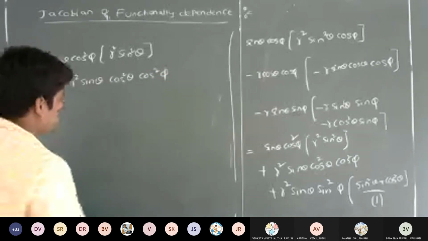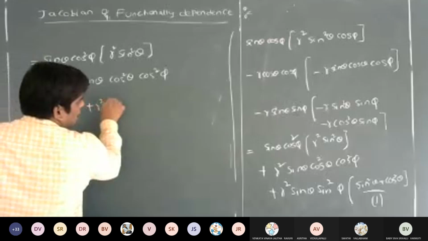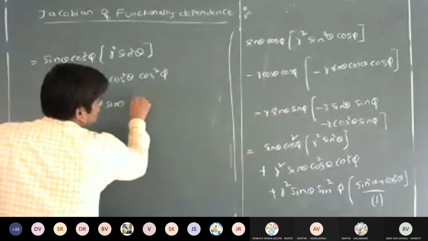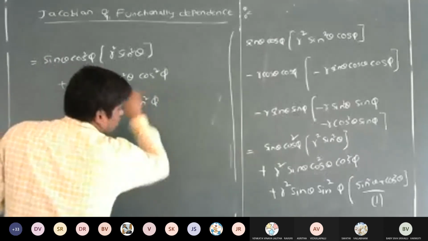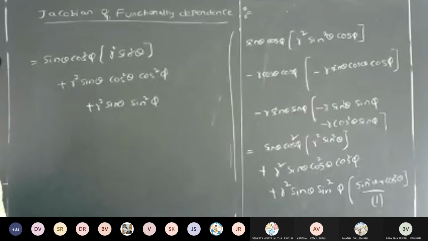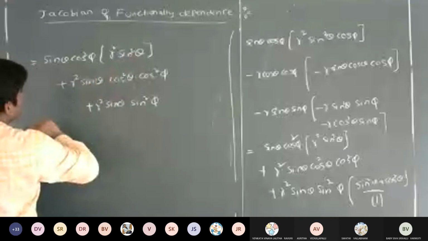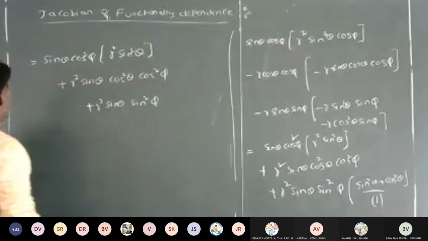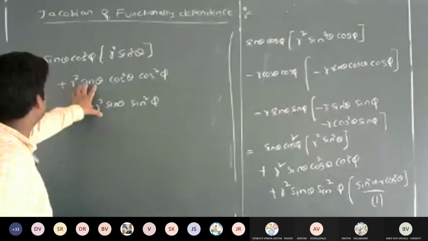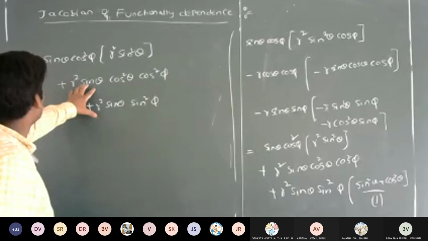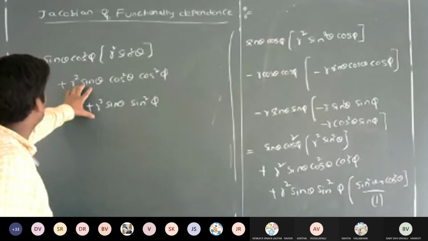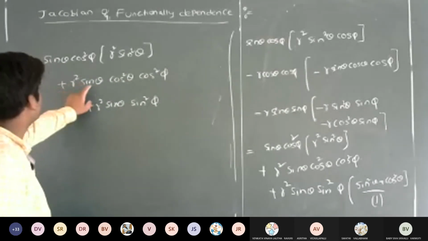Next, the next one is r square sin theta into sin square phi. So from these two terms, take the term common as r square sin theta into cos square phi.